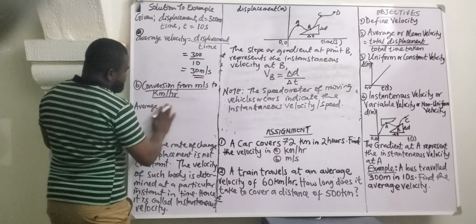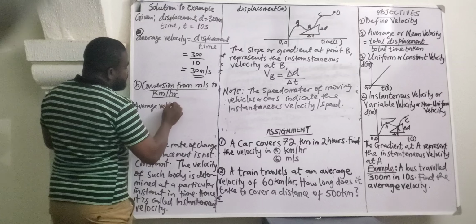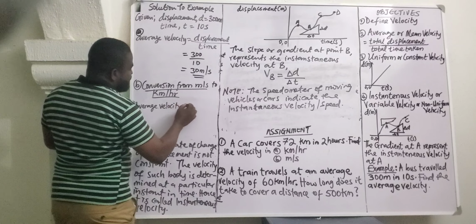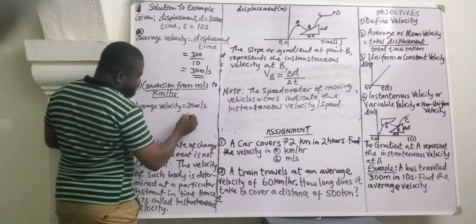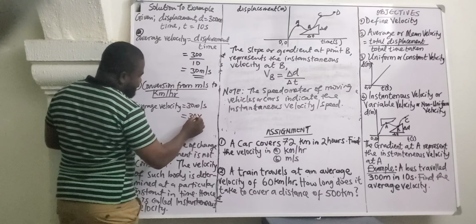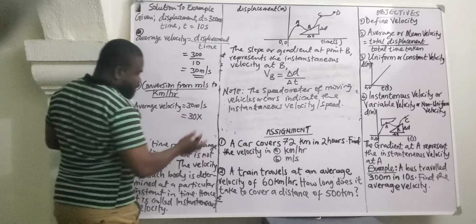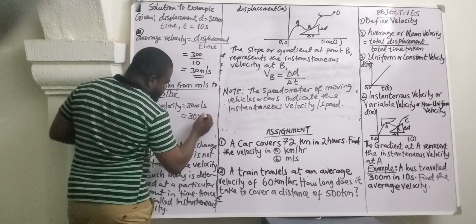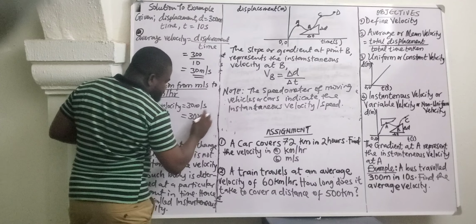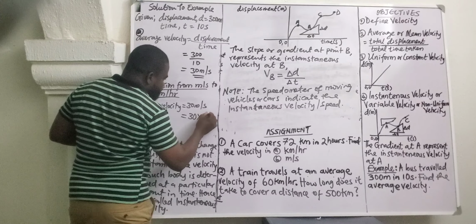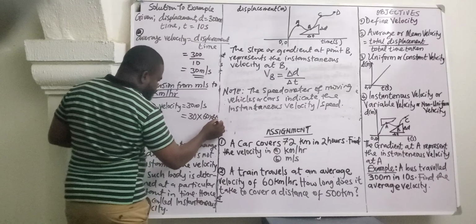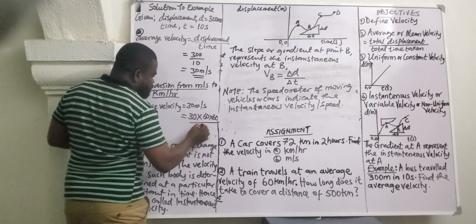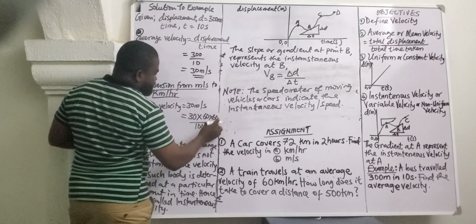So now the average velocity, which we have obtained as 30 meters per second. So see what I will do now. I will take 30 and multiply it by 60 times 60. And then divide it by what? 1,000, kilometers.